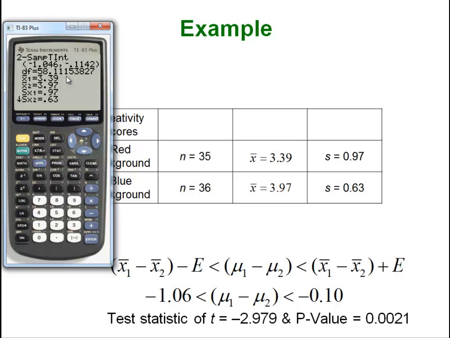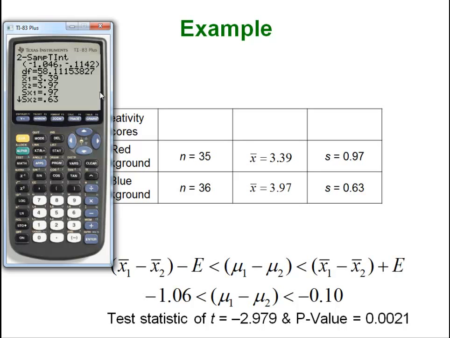The other main difference is when they calculated their confidence interval, they used t-values from a table, whereas this is all being calculated electronically, so you're getting more accurate numbers. You're not rounding as much. So the technology is always better, but unfortunately, if MyMathLab asks you to use tables and formulas, and you do it with technology and type these numbers in, it's most likely going to tell you you're wrong every single time.